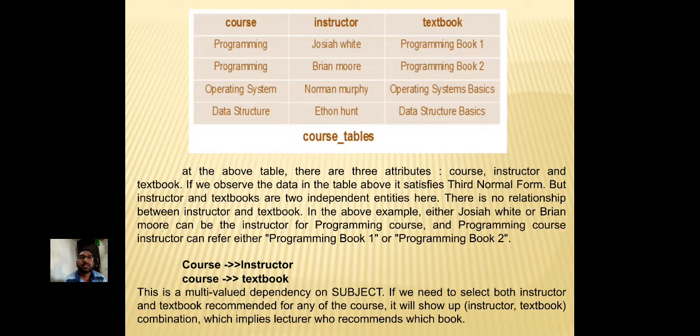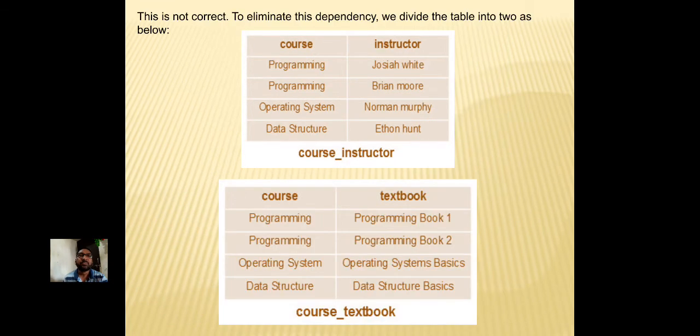Course determines instructor, and course determines textbook. This is a multi-valued dependency on subject. If we need to select both instructor and textbook recommended for any of the courses, it will show up as an instructor-textbook combination, which implies which lecturer recommends which book. This is not correct. To eliminate this dependency, we divide the table into two as below.